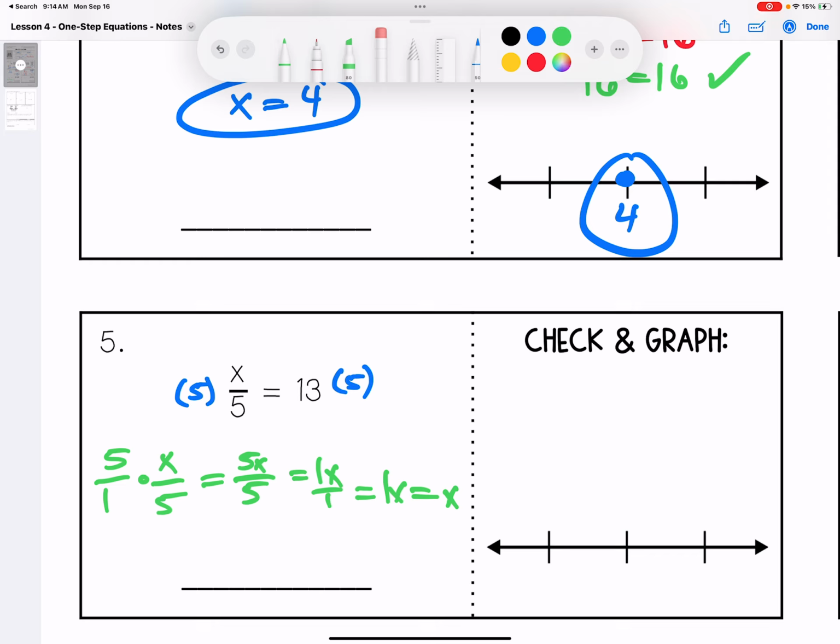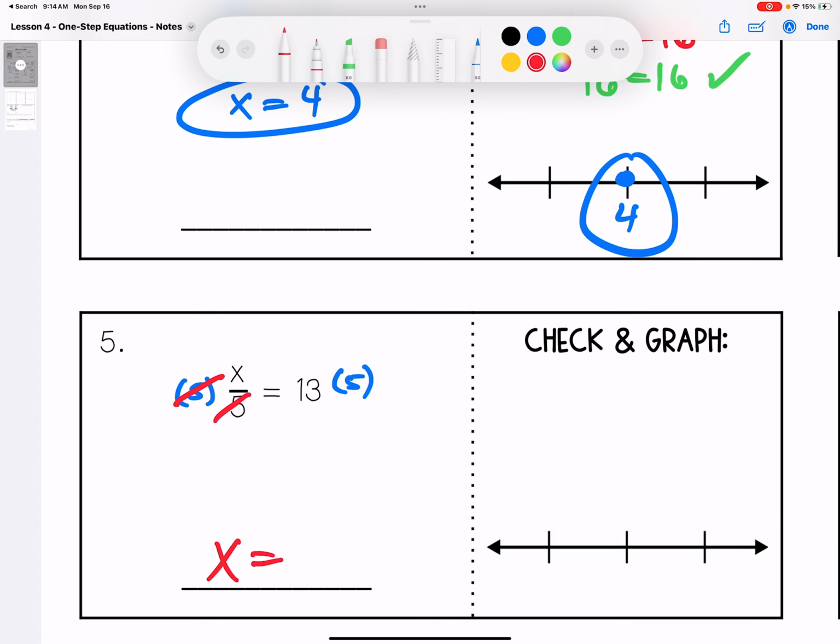Okay? You do not have to do that every time. I just wanted to show you why that does work. So these cancel out is what we basically just showed you. You're left with x equals 13 times 5 is 65. That's your answer. So go over here and graph it.